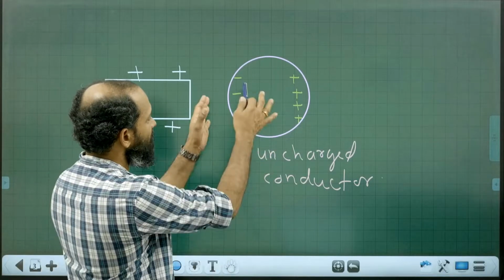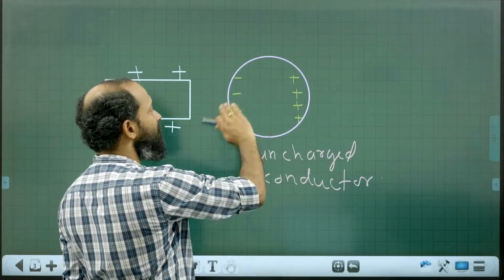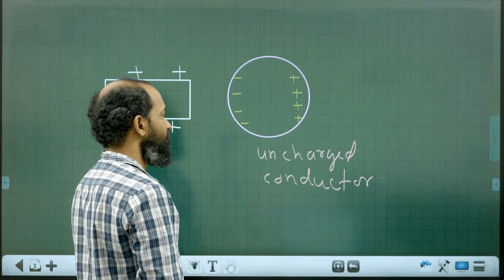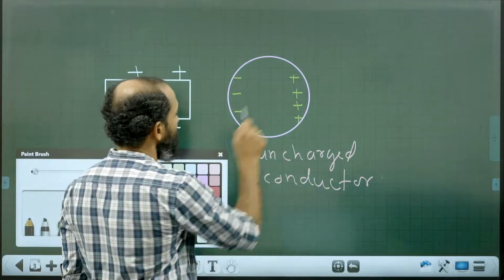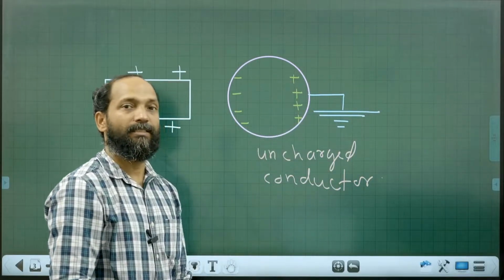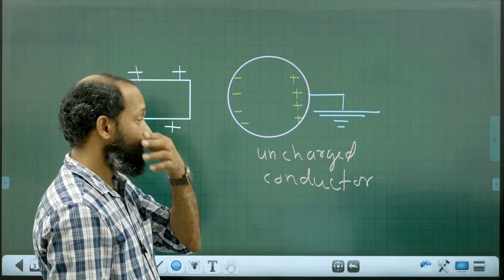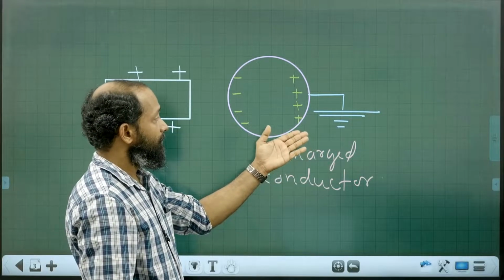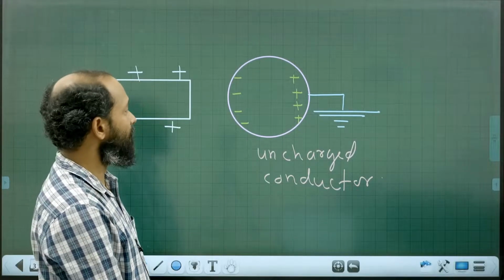Now this uncharged conductor is not electrified because these induced charges are equal and opposite. At the same time, if you connect this conductor to earth through another conducting wire momentarily, the unbound charges will get neutralized.